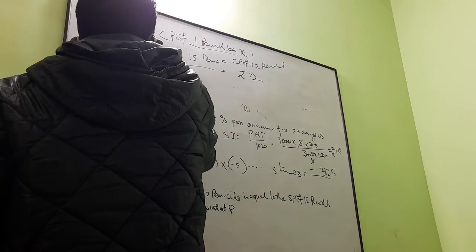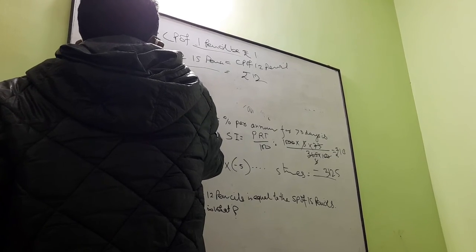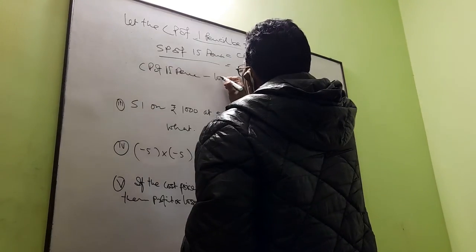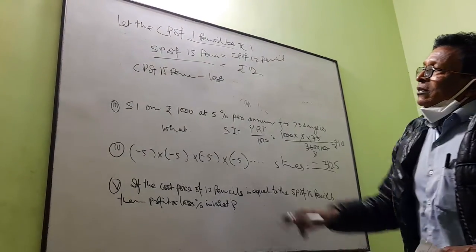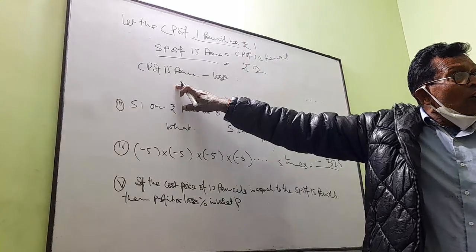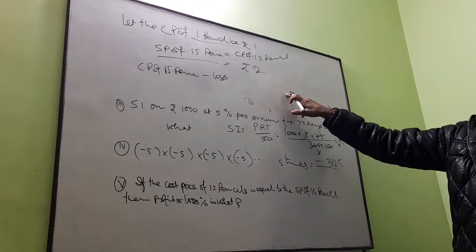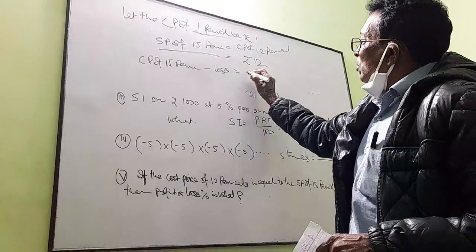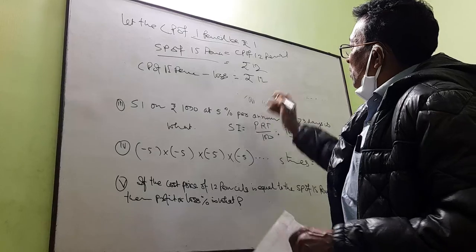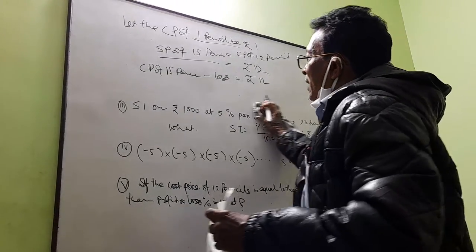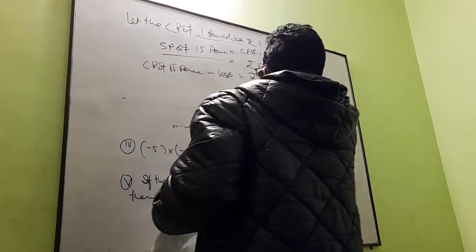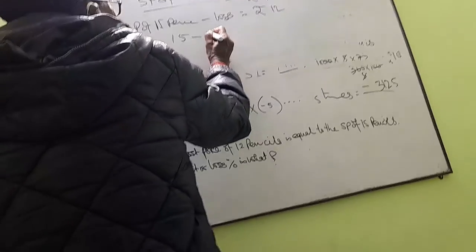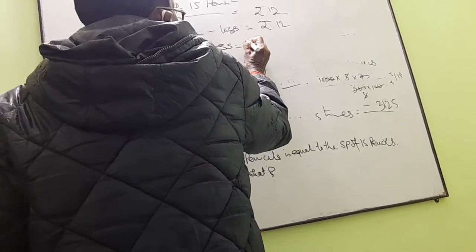So CP of 15 pencils minus loss, because the CP of 15 pencils will be 15 rupees, but the SP is 12, so there is a loss. So CP of 15 pencils minus loss is equal to rupees 12. ये क्लियर है ना? अब देखिए, CP of 15 pencils will be rupees 15 minus loss is equal to 12.